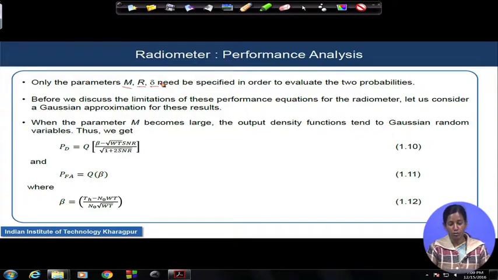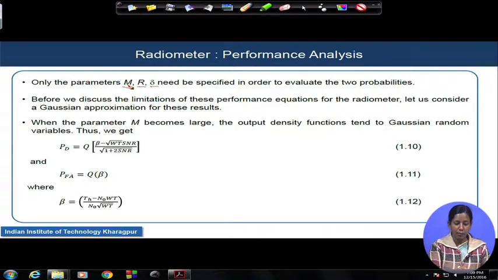If you know these three parameters, we can calculate the two probabilities PD and PFA. There are several limitations related to the calculation of these radiometer parameters, but let us go ahead with the Gaussian approximation a little bit more. We understand that these three parameters are sufficient to define your PD and PFA.